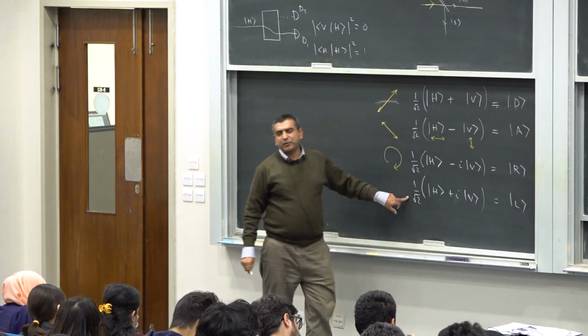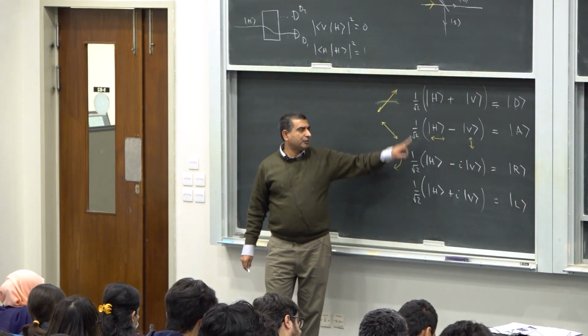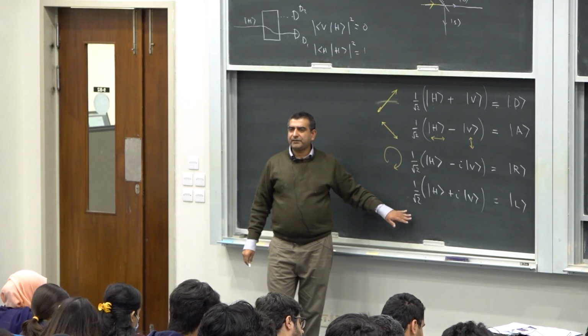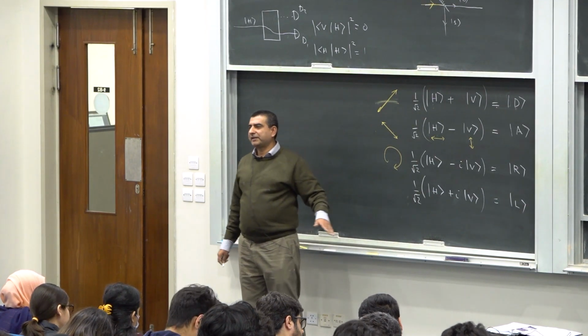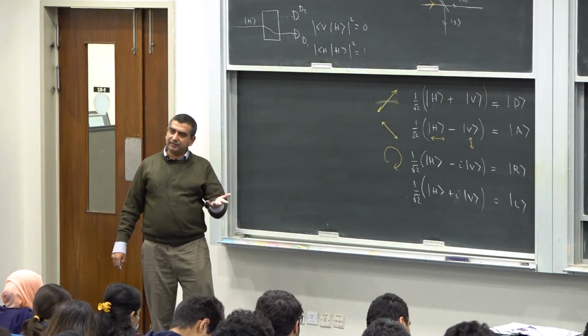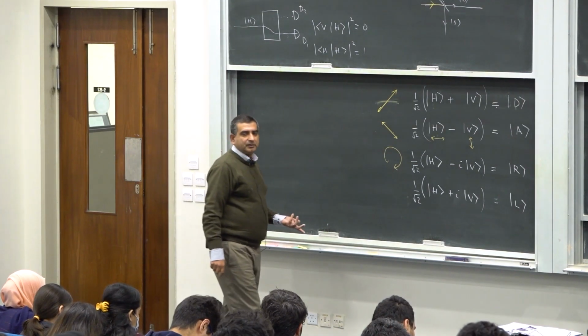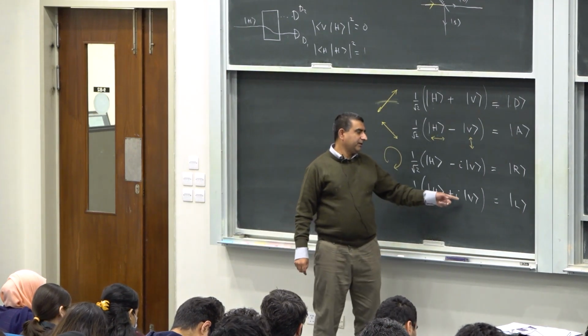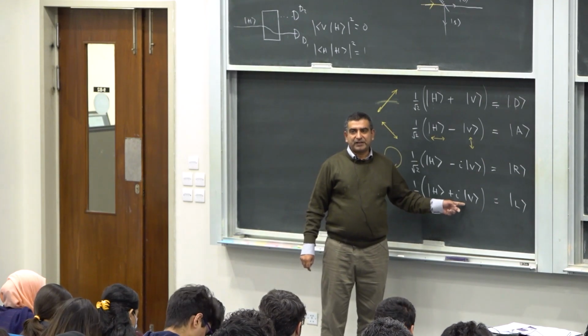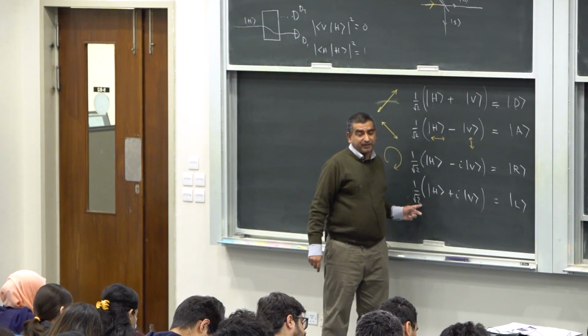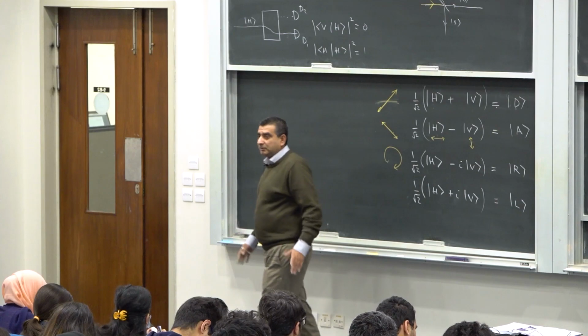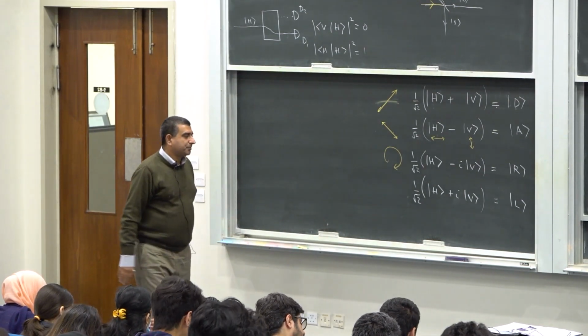By the way, why am I putting 1 over under root 2 with all of these states? For normalization, otherwise it won't make sense. But I could have other coefficients as well. I could have 1 over under root 3 here, 2 over under root 3 here, and so on. So the normalization condition needs to be satisfied.